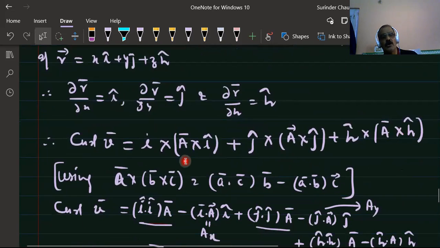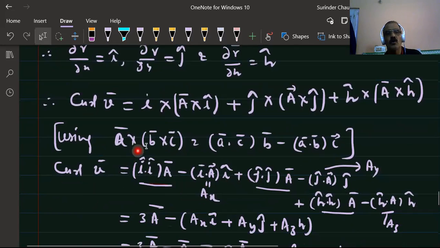Now we use the triple cross product formula: a × (b × c) = (a·c)b − (a·b)c.